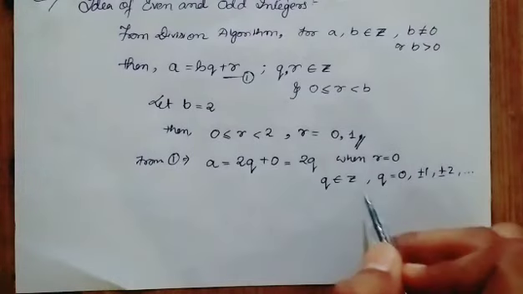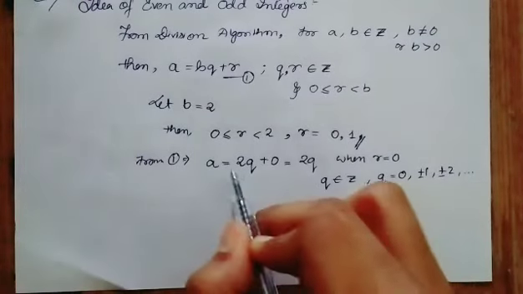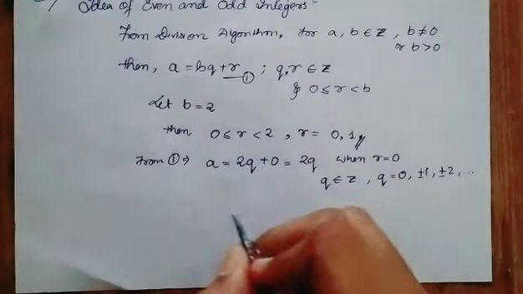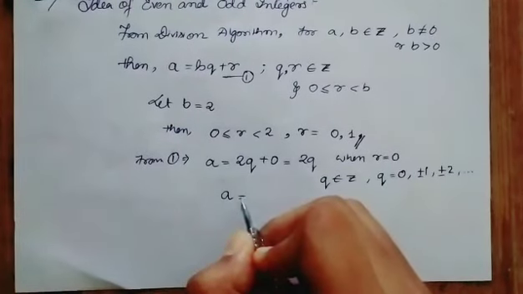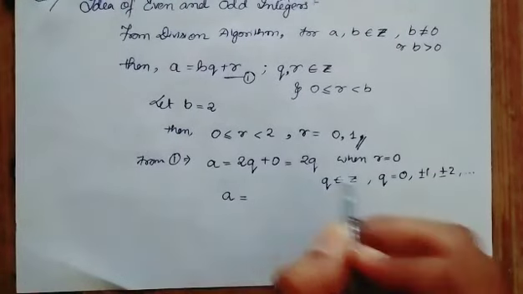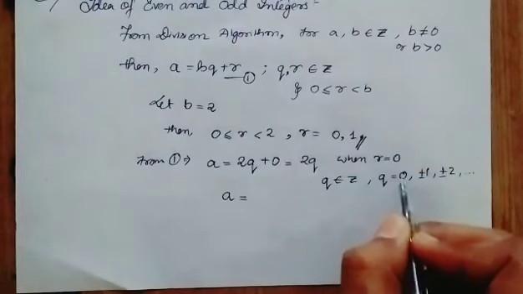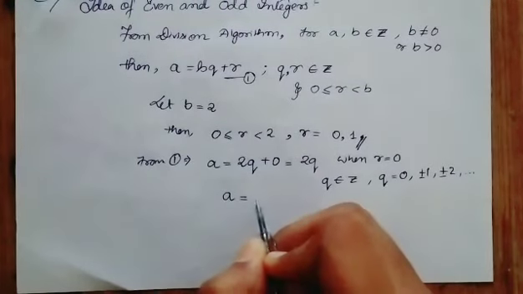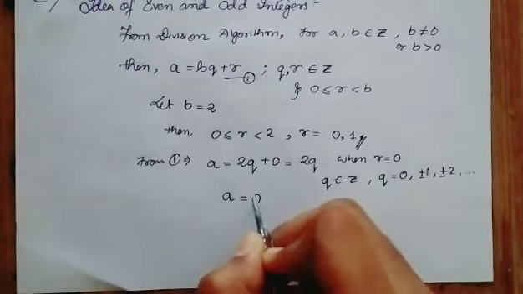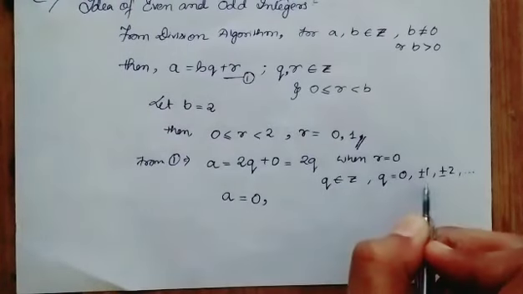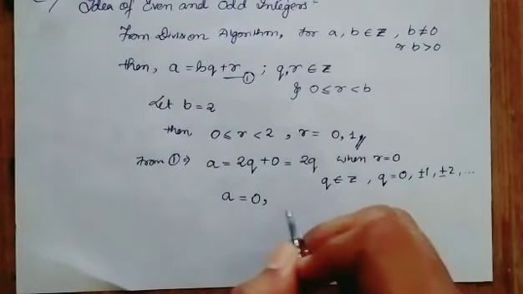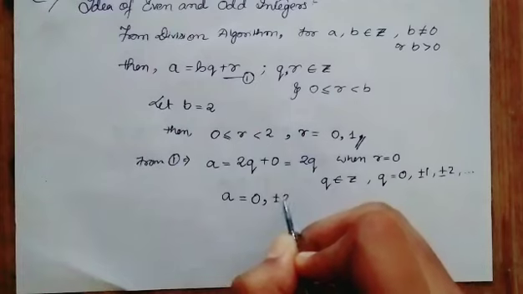Then if we substitute the values of q in this expression, what will be the value of a? If we substitute q to be 0, you will get 2 into 0, which is 0. If you substitute plus or minus 1, you will get plus or minus 2.